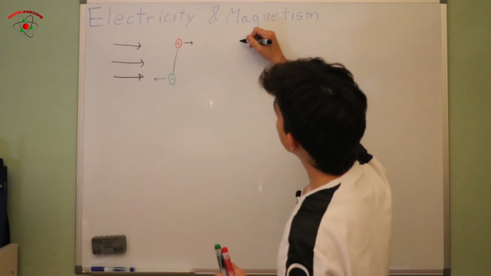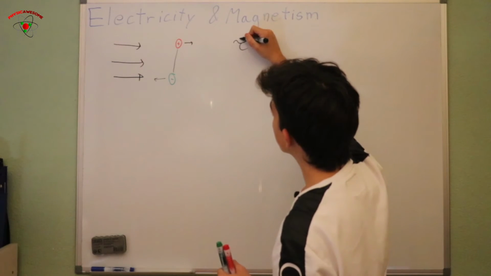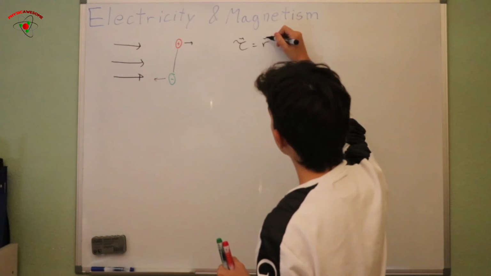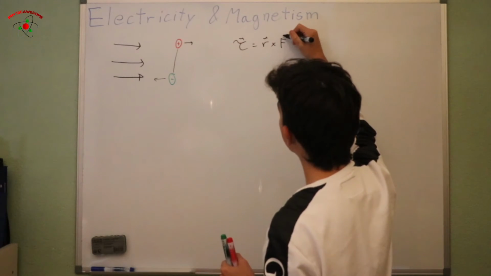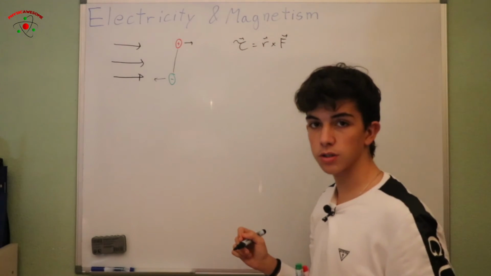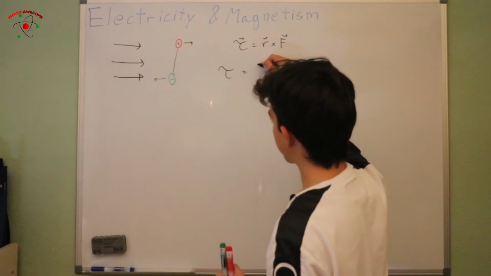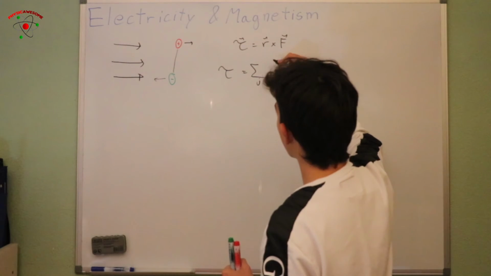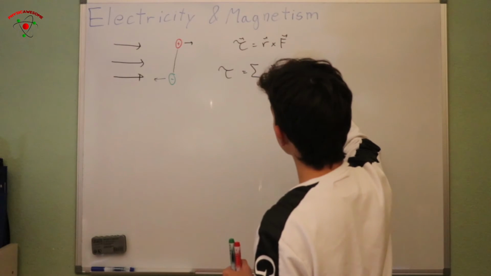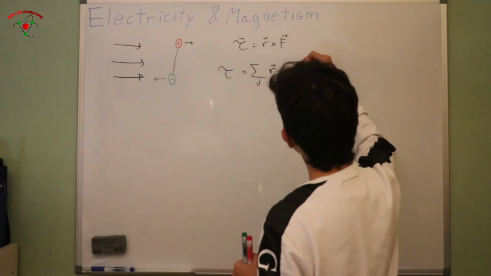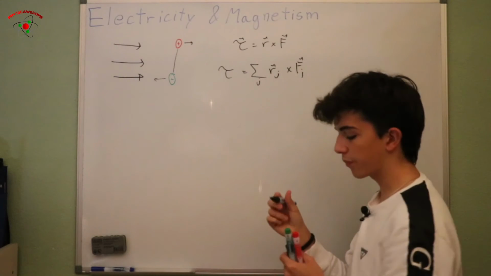However, we want to know the torque that it is experiencing. Recall that in general, torque is defined to be r cross the force that is being experienced. And in this case, the total torque is going to be a sum over j of each of our individual particles' positions cross the force that they feel.